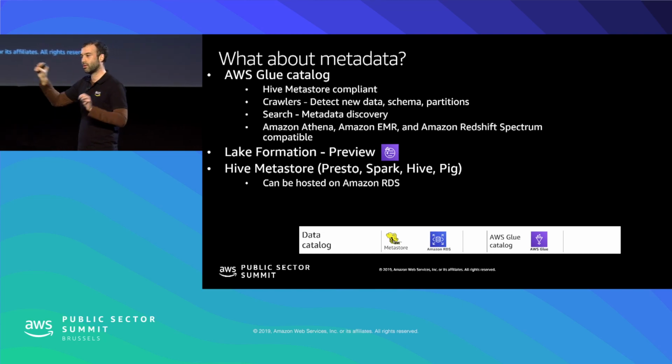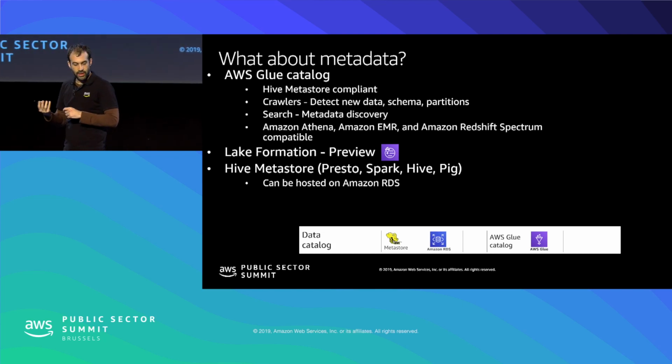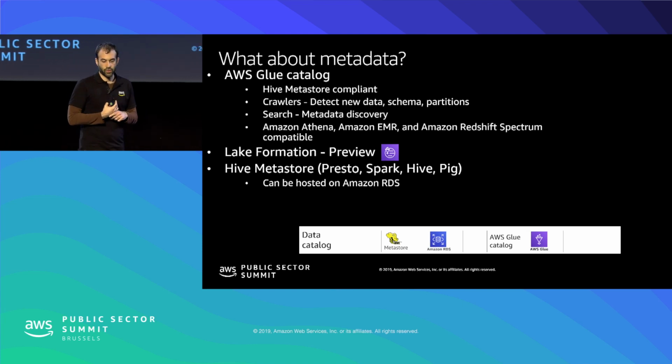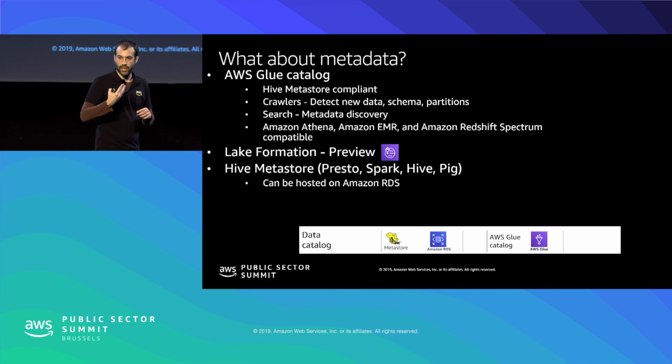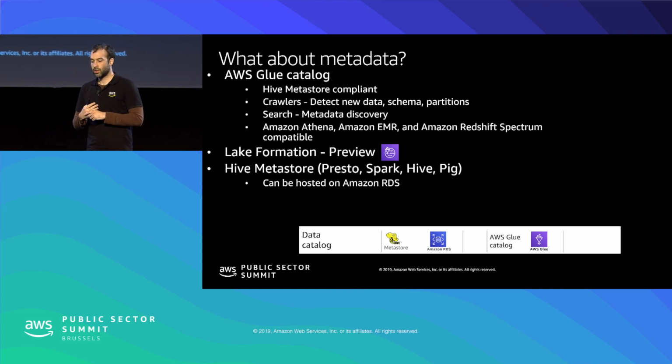So there are a couple of places that you need to go in order to create a data lake. We identified that, and then we released Lake Formation, which is currently in preview. Lake Formation is there to assist you to create a data lake in AWS within a few minutes. It builds over those services I described.